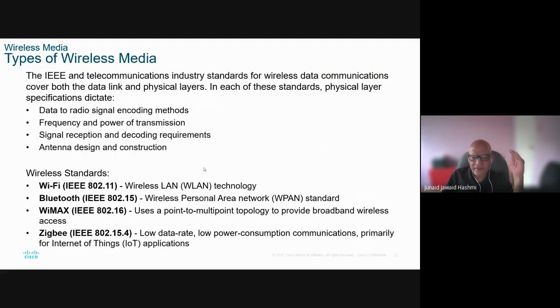So there are different types of wireless media. Okay, so the popular one is Wi-Fi. Bluetooth is also a wireless media. You can connect your personal devices, right? You guys know that. Then you have WiMAX and Zigbee. One thing you have to pay attention to is the standard.